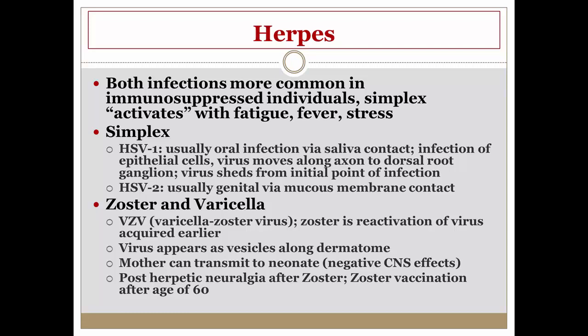Between 60 and 69, it drops to 64% effective. After the age of 70, we really start seeing a drop-off. It starts dropping off to about 40% at the age of 70, and by the time we are 80, it is a very ineffective vaccination, and so only about 18 to 20% of individuals will actually benefit from the herpes zoster vaccination in preventing the zoster.